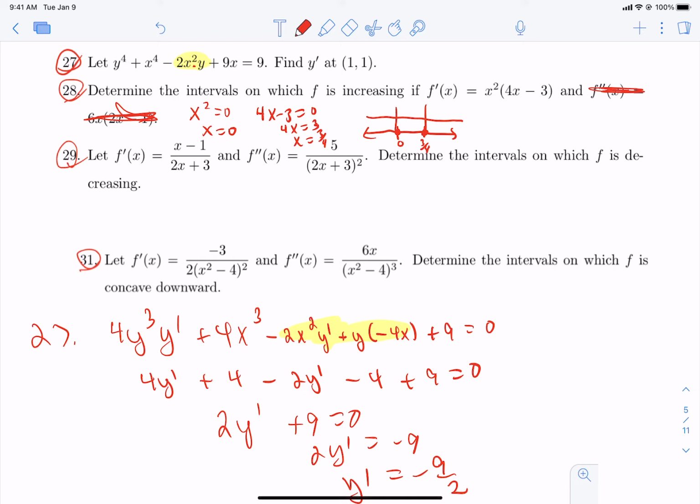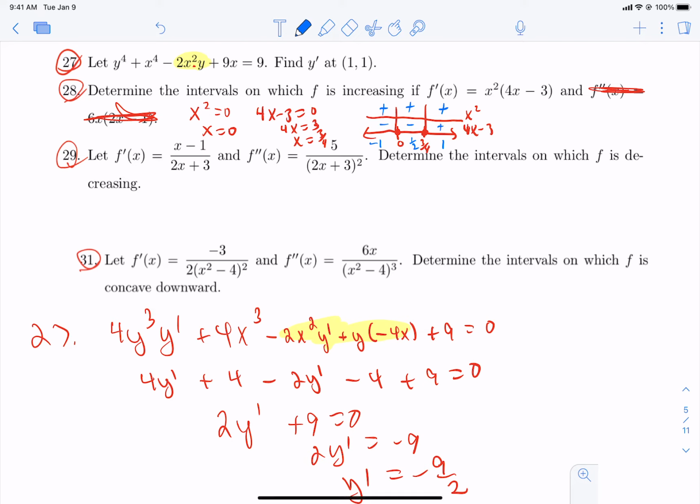So let's go -1, 1/2, and 1. Anything that is in the interval before 0, between 0 and 3/4, and after 3/4. So for x squared, we always get positives. For 4x minus 3, we get negative, negative, positive. And so we get a negative, and a positive.